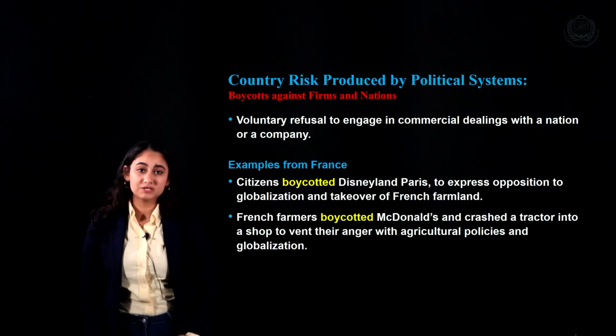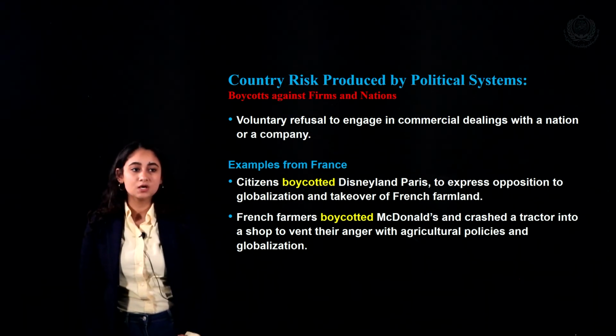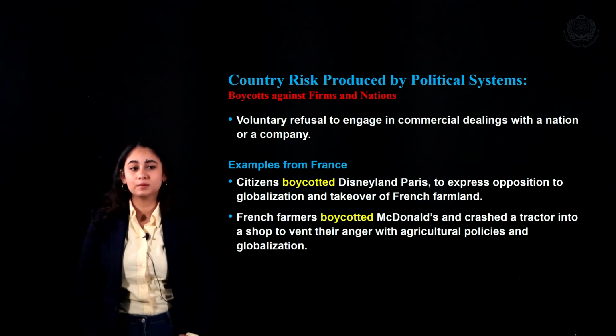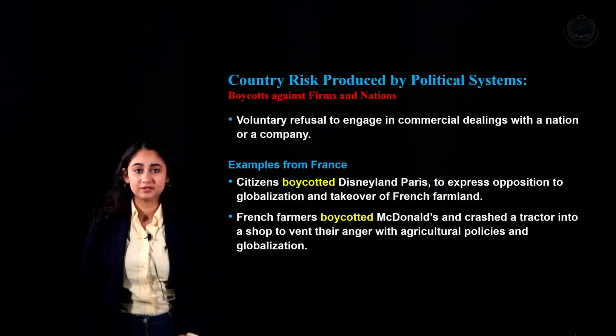A recent example of this was in France, where citizens boycotted, or went on strike, and cut off any transactions with Disneyland Paris to express opposition to globalization and the takeover of French farmland, where Disneyland acquired a huge piece of land in order to operate the Disneyland facilities.